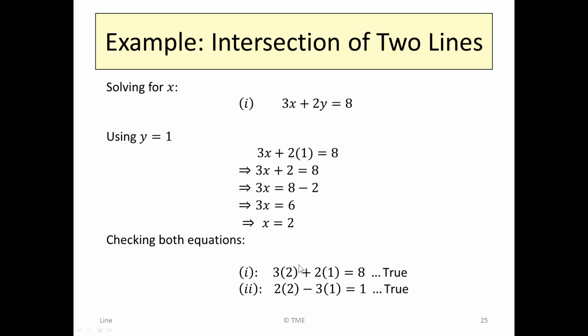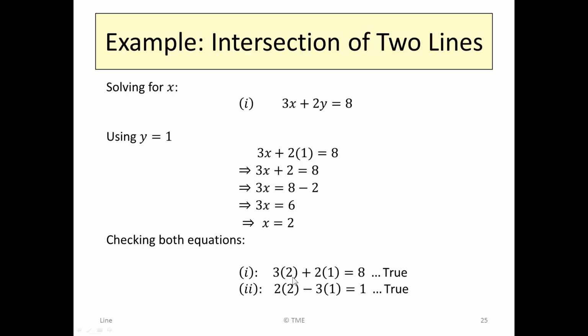Let's check that with both equations. The first equation was 3x plus 2y is 8. So 3 times 2, the x value, plus 2 times 1, the y value. 3 times 2 is 6, plus 2 times 1 is 2. 6 plus 2 is 8. That's correct.